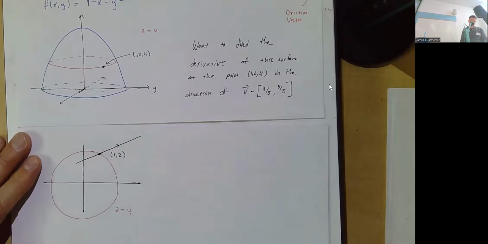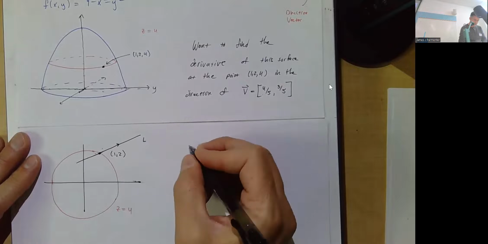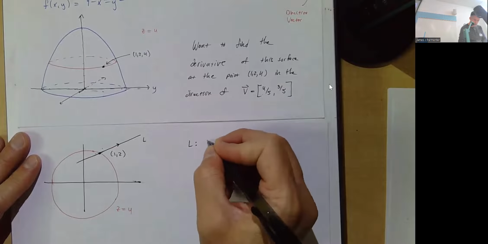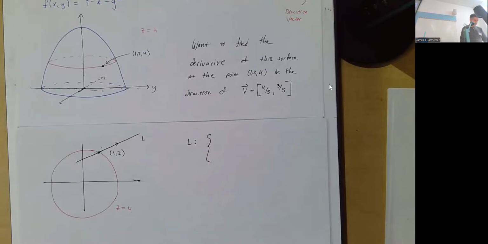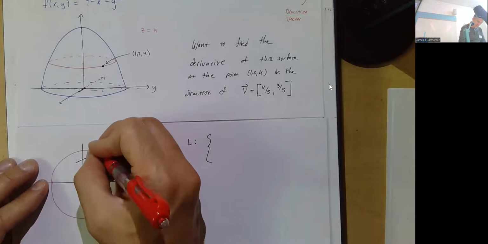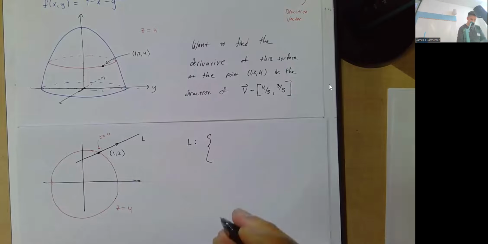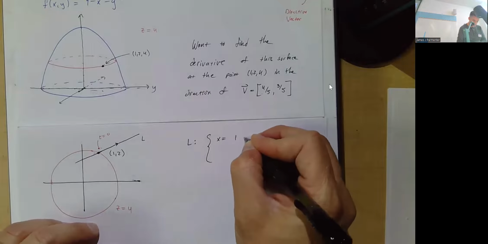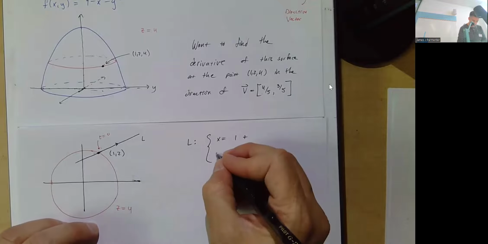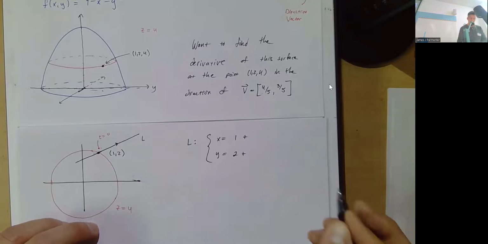And here's what I know about this line, which I'm going to call L. That line can be parameterized by, well, if I think of this point here, 1, 2 is when time is equal to 0, then my x coordinate is going to be 1 plus something. My y coordinate is going to be 2 plus something.